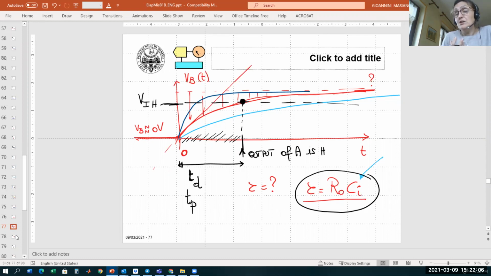In that time interval, the voltage does not identify any state. We can only say that after this delay, TD, we are sure that the output voltage is high. During this time range, the gate that follows does not see a high voltage.